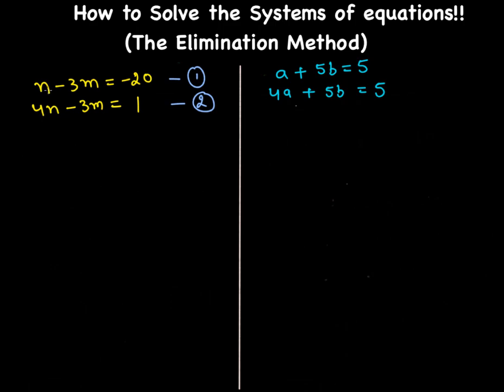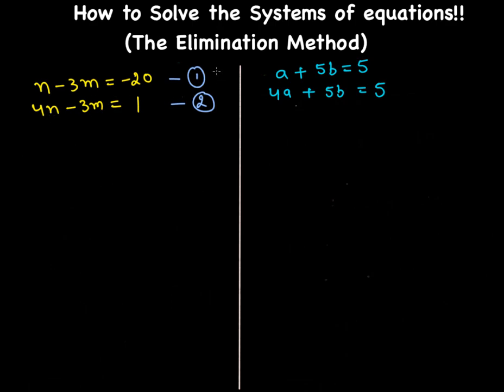If I multiply equation number 1 by 4, that will give me 4n over here, and if we subtract equation 1 and 2, this 4n will cancel out this 4n and we'll be left with only m. So we'll eliminate n and find the value of m, and then plug the m value back into one of these equations to find the value of n.